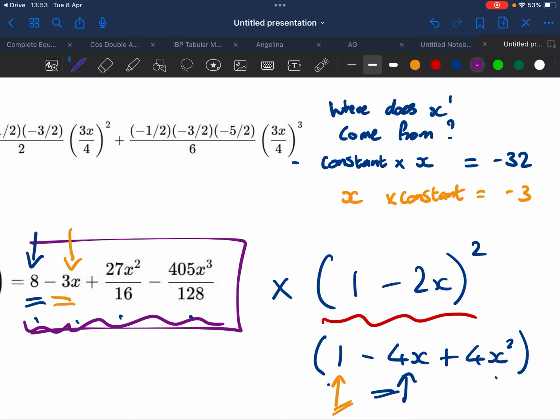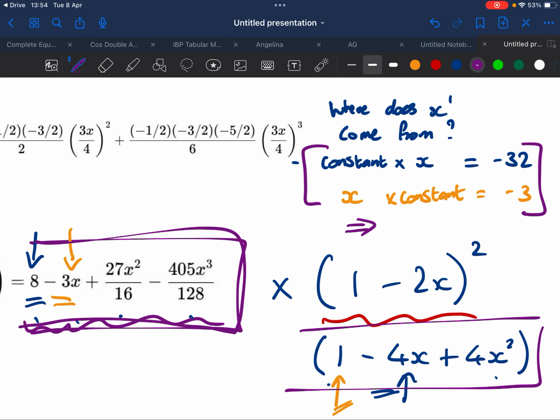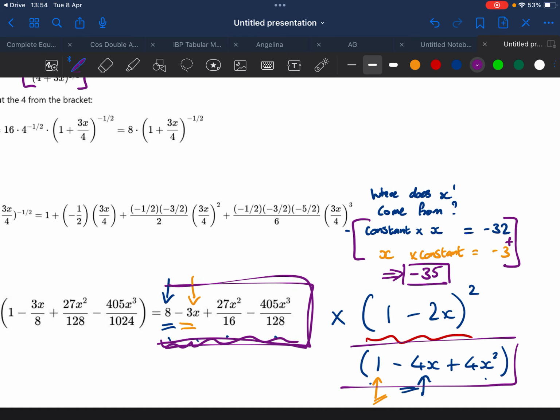So in this big expansion, we are only interested in these 2 parts. The final value for the coefficient of x will be minus 32 plus minus 3, which is minus 35. In other words, the final answer will have minus 35x.